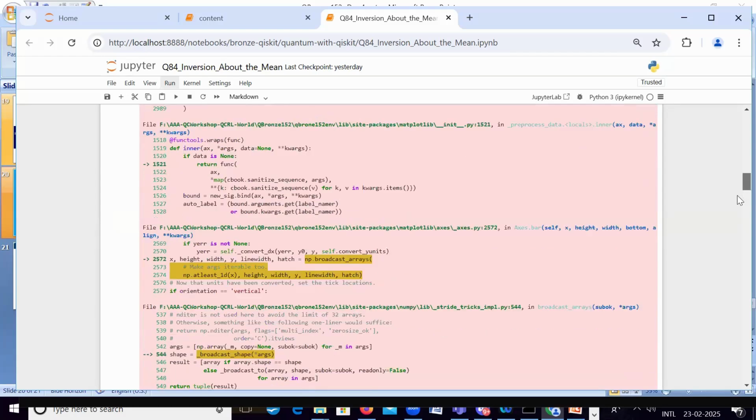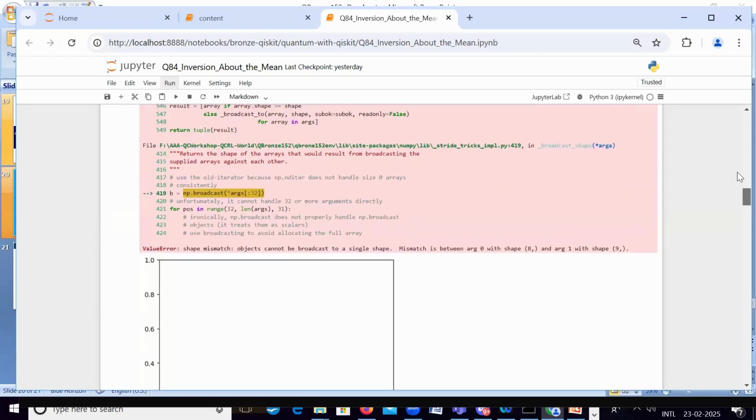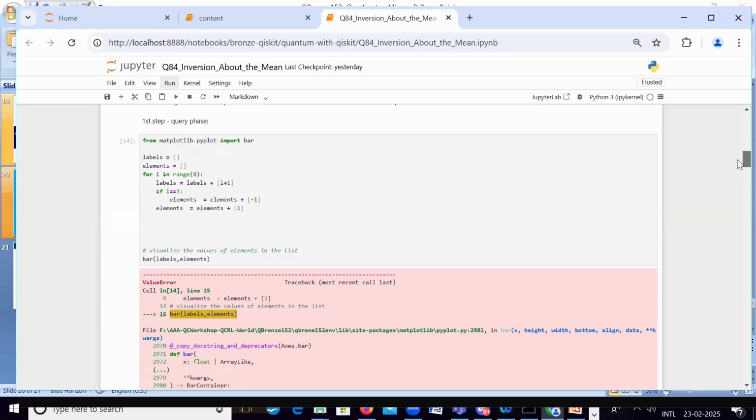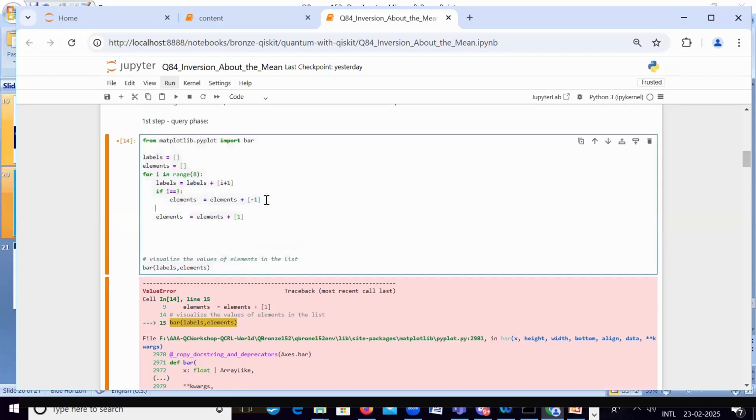Still some error here. The moment it is added 3, it is going here. In this case, probably added twice. So number of element is different there.